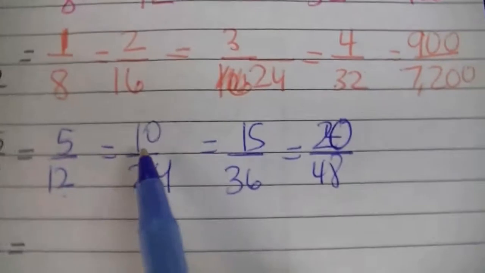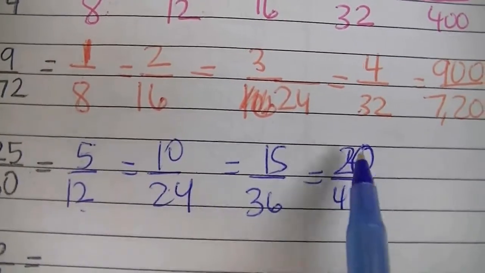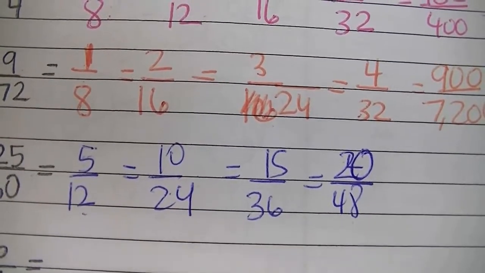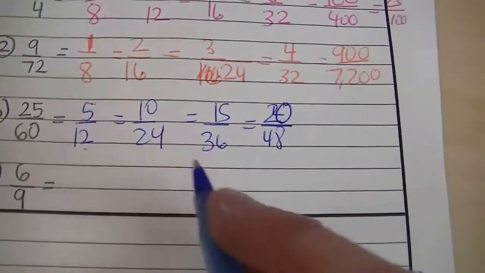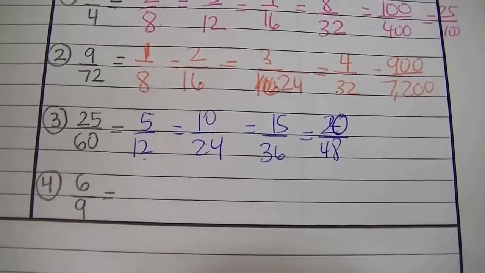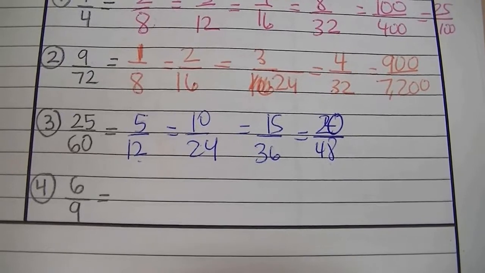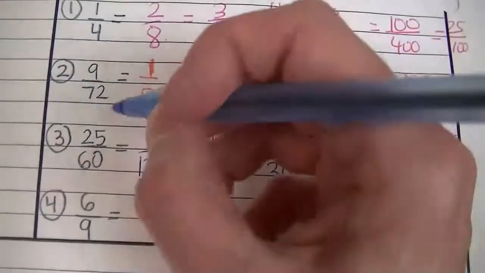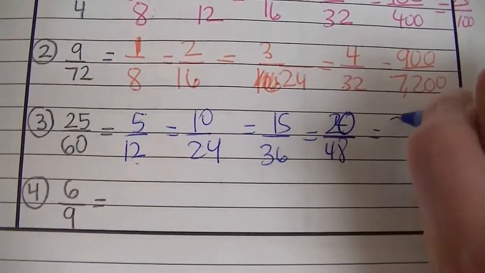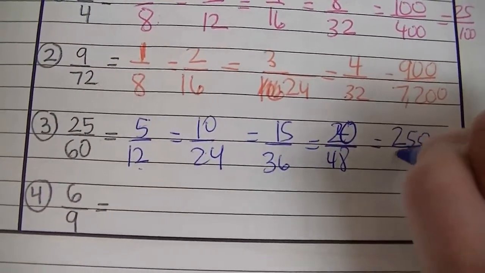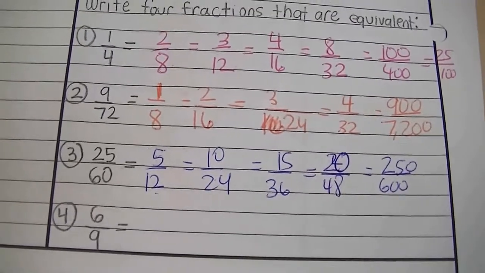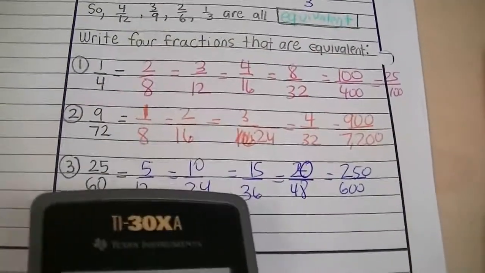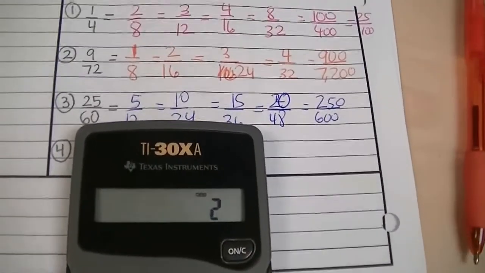Or I could have just doubled this one. 10 times 2 is 20. 24 times 2 is 48. And let's go ahead and multiply that by 100. I'll just do a couple just to show you that they're all equal. Their decimals will be equal.